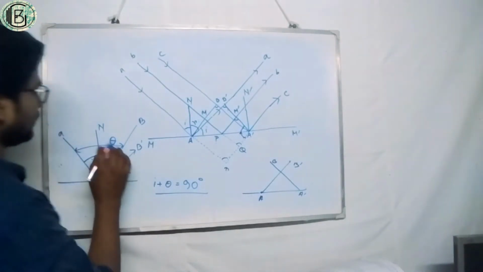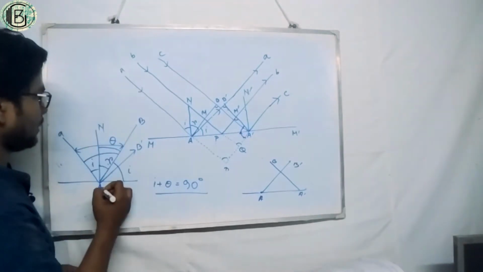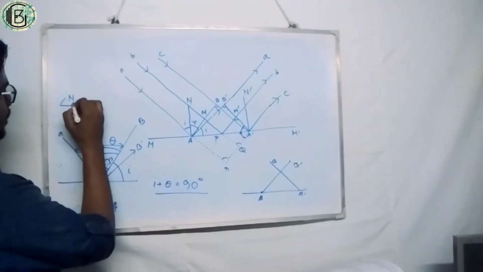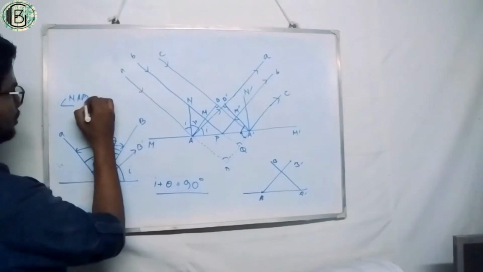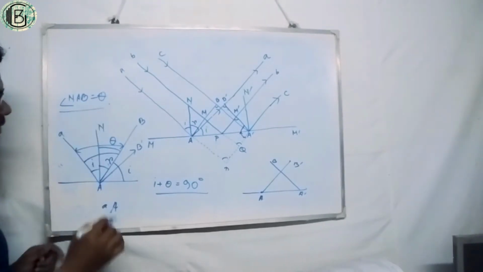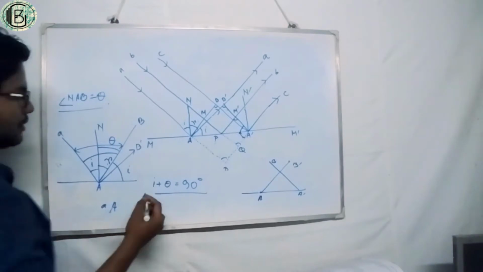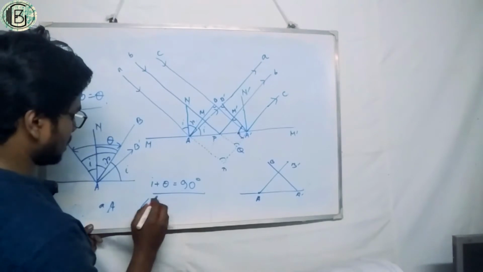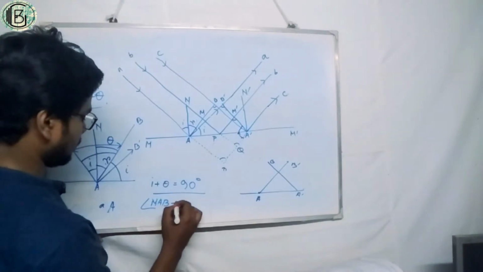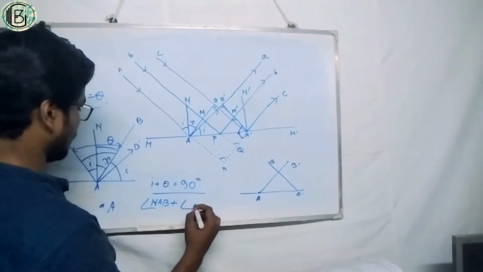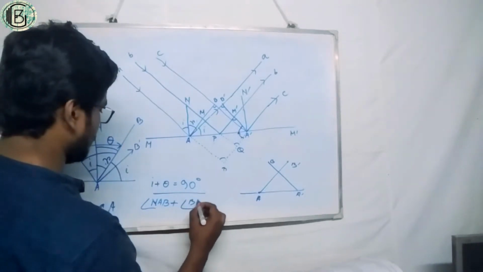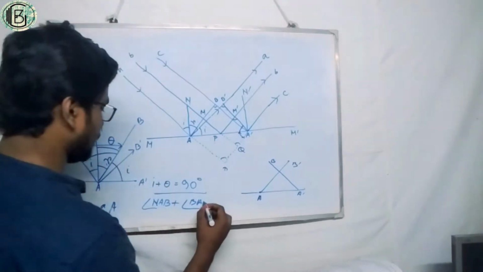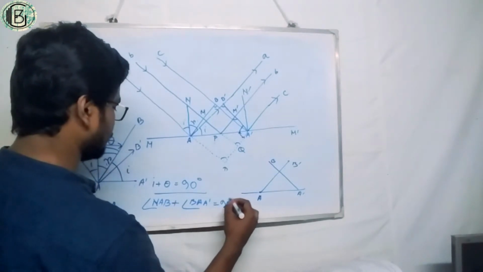Again, this angle NAB, so theta means basically NAB. So NAB equal to theta here. Now I plus theta equal to 90 degree. Now NAB plus angle BAA prime, suppose we are calling it A prime, equal to 90 degree also.